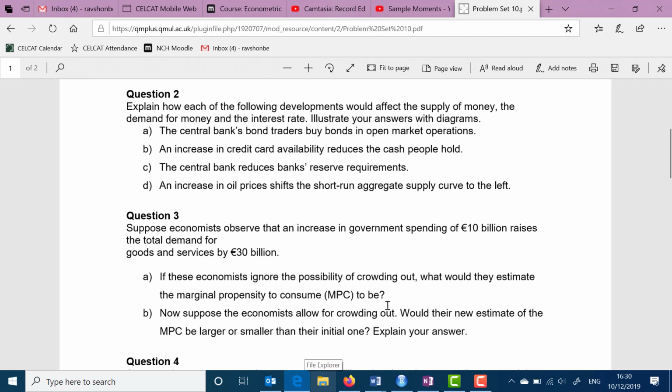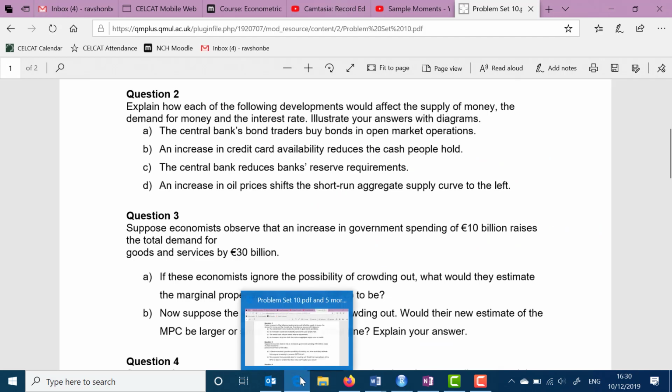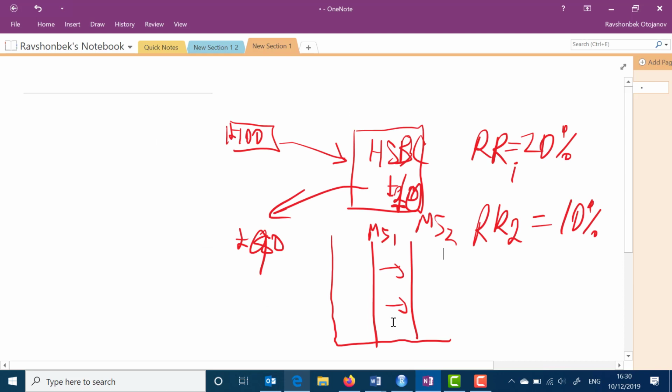Wait, so this money supply is the bank's money supply curve, right? It shifts to the right, it's in the economy. The bank basically loans extra money to the businesses. The businesses spend it. The supplier is the central bank, the government.